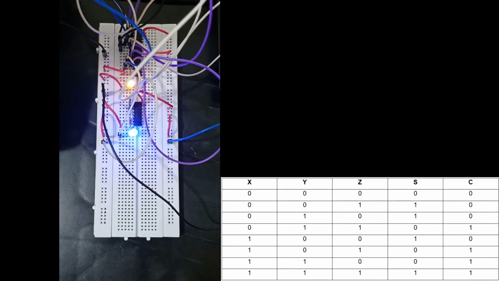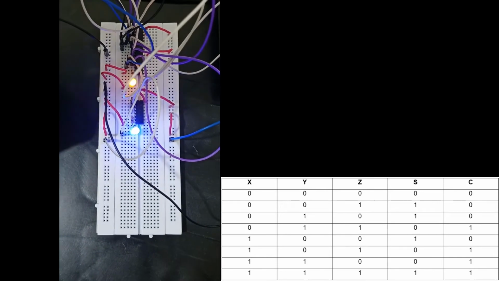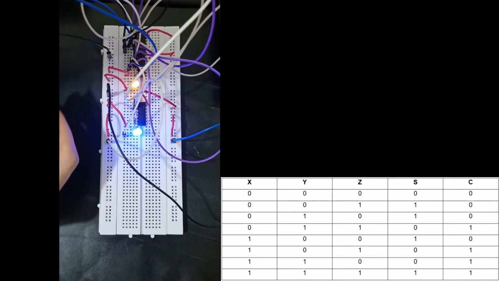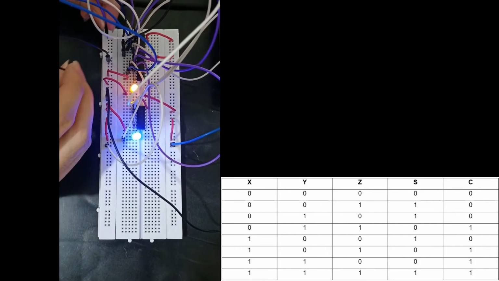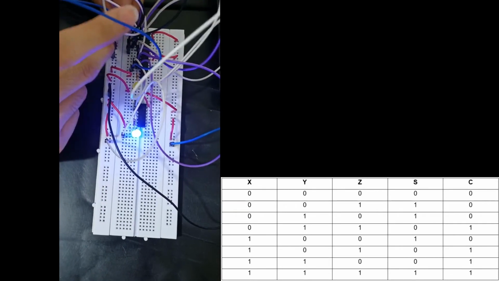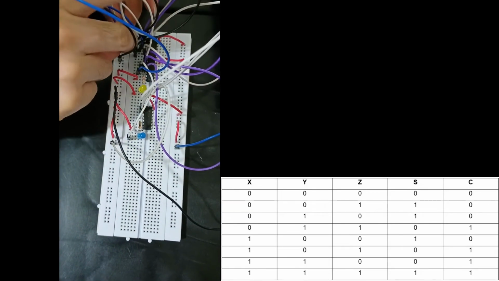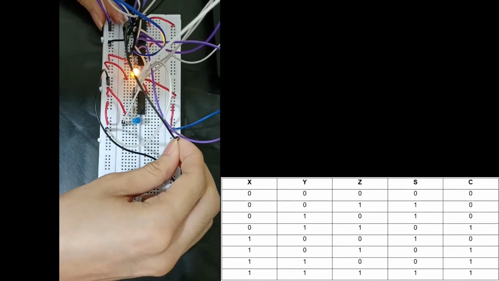If all of the inputs are 0, both outputs will be off. Then we place the input Z to 1, the output will be 1 and 0.